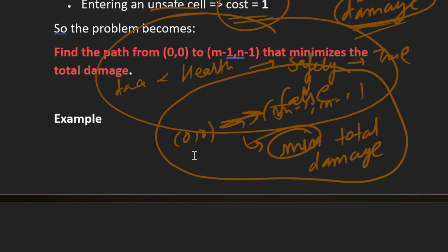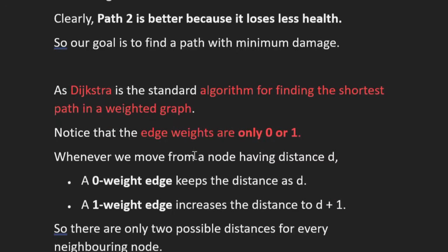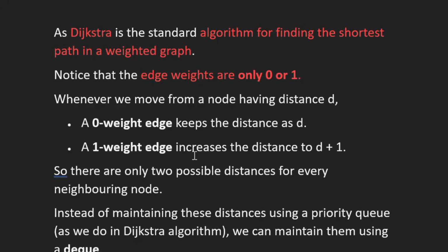So this is the overall flow. Now the question is how we'll find the total damage for the path from 0 comma 0 to m minus 1 comma n minus 1. As we know, to find the minimum distance or minimum damage between a source node and a destination node, we use the Dijkstra algorithm, which gives us the shortest path in a weighted graph.